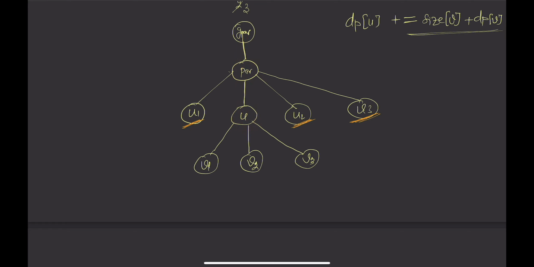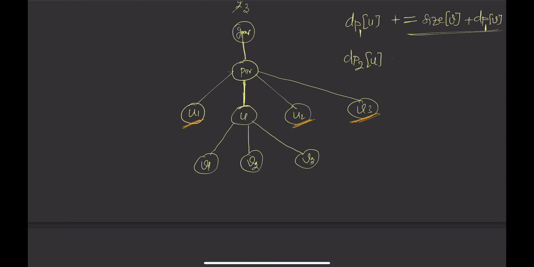So if I say it was dp1, and the upper part is dp2, then what is dp2 of u?